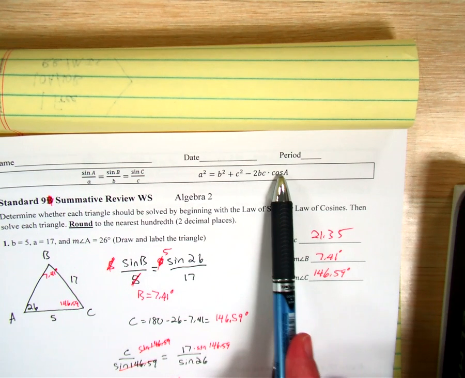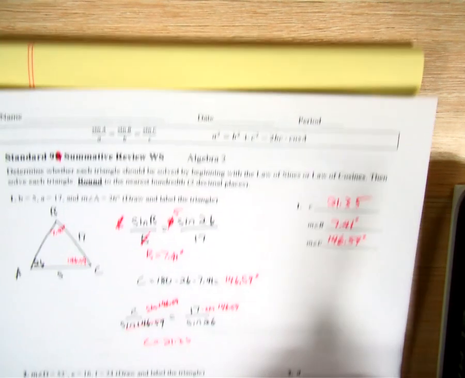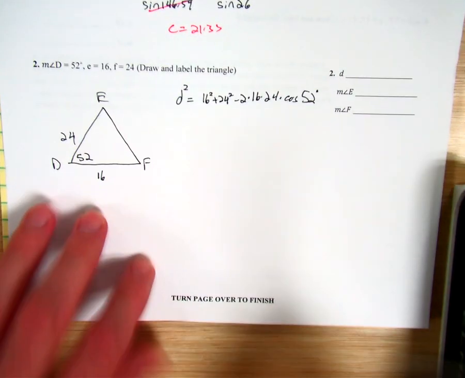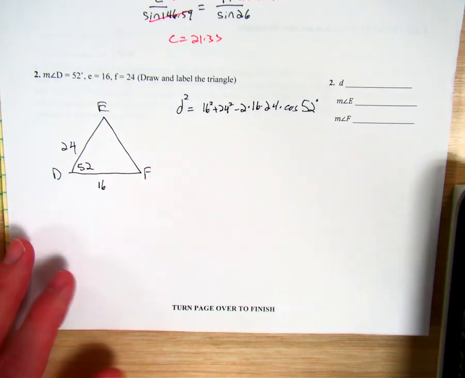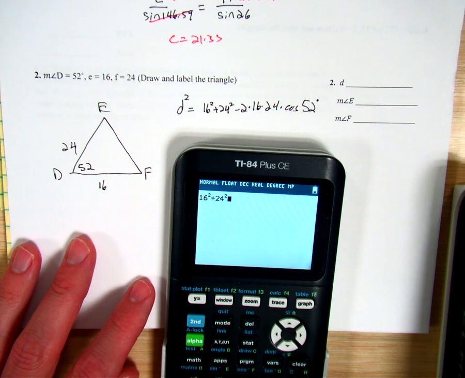You got to know that you can change what those letters are to fit your situation. We're going to type that in: 16 squared plus 24 squared minus 2 times 16 times 24 times the cosine of 52.